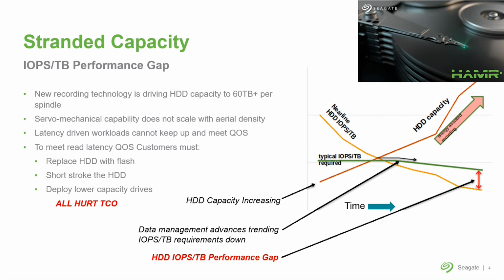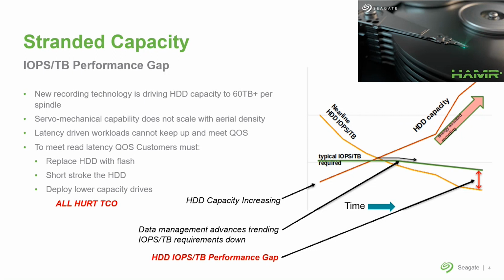What you see here with the orange line is the nearline IOPS per terabyte. By nearline we're referring to the largest disks we ship to our cloud customers and others, who are usually at that highest capacity point. The primary metric of data accessibility for these drives is IOPS per terabyte.